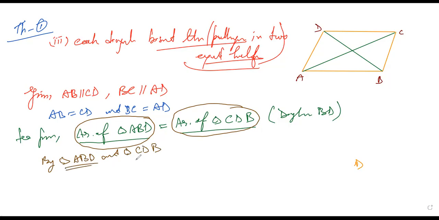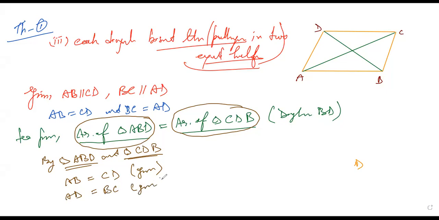In these two triangles, what are the things which you can take over there? You can say AB equals CD. It is already given to us. The next thing which you can take is that AD is equal to BC.